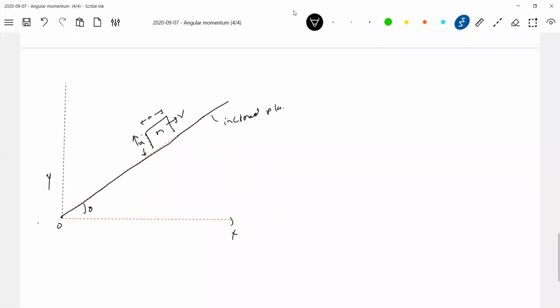I'm pulling you to some laws of motion concept. Sir, about what point? About the origin. Angular momentum about the origin. How to do this? Shall we say 0? No, it cannot be 0, no.